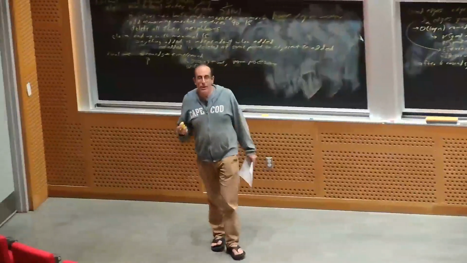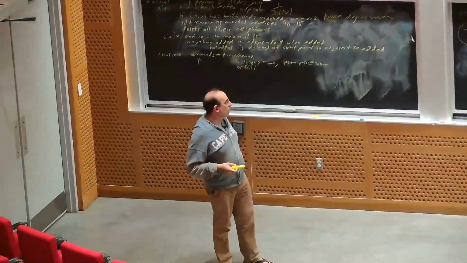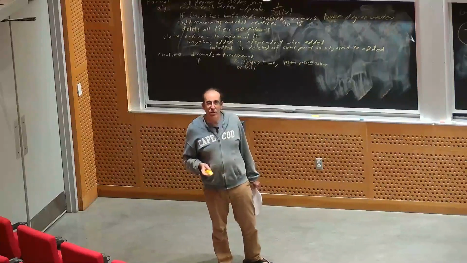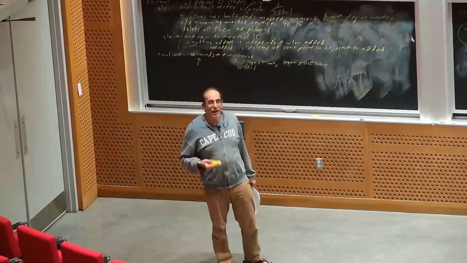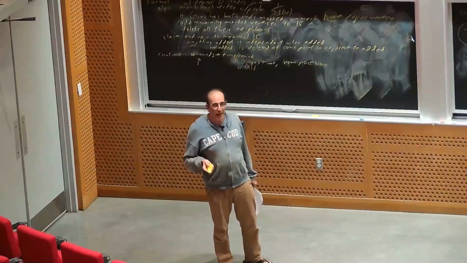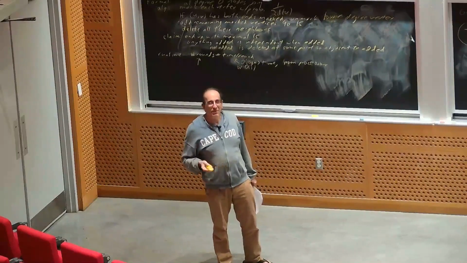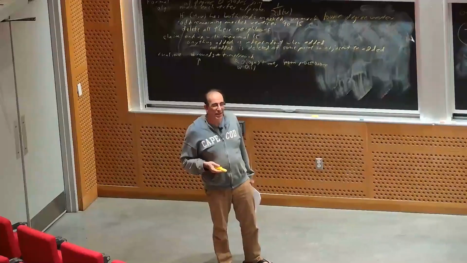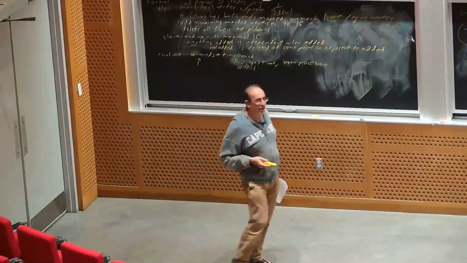So when k reaches log base alpha of m or so, we'll expect to have only a constant number of edges. And at that point, we're done. We can solve it however we like. Okay.